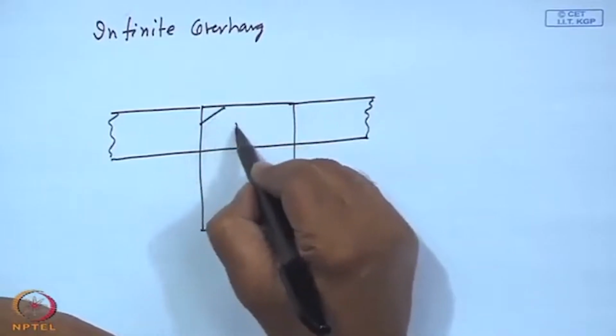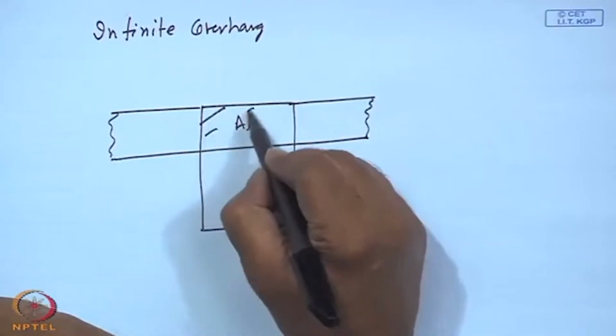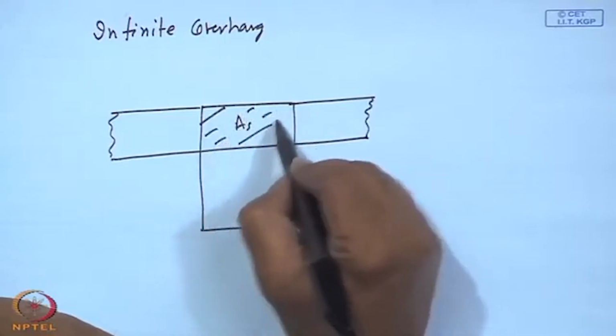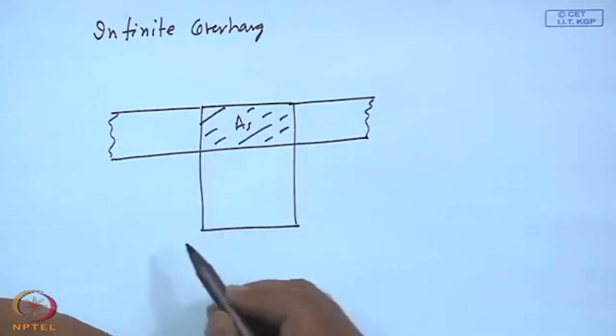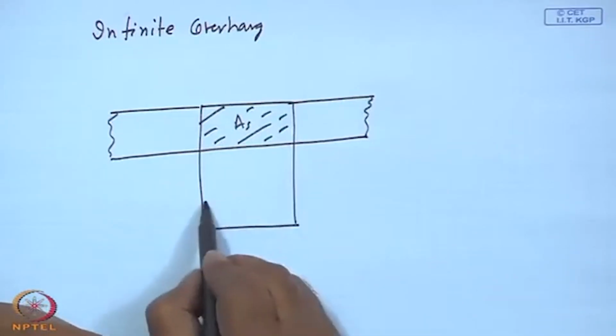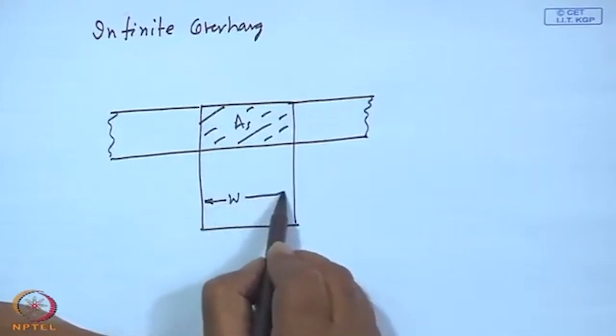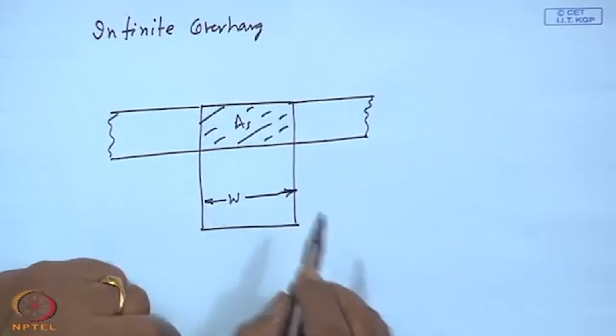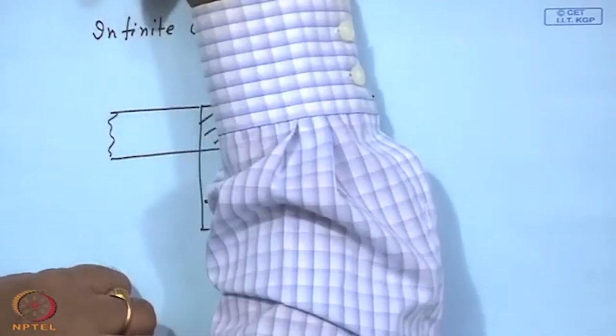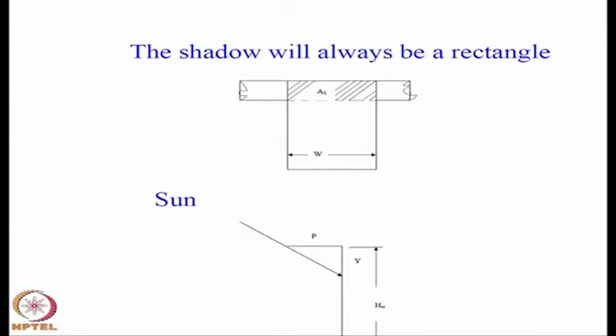The shaded area A s is always a rectangle. So this gives us some respite.